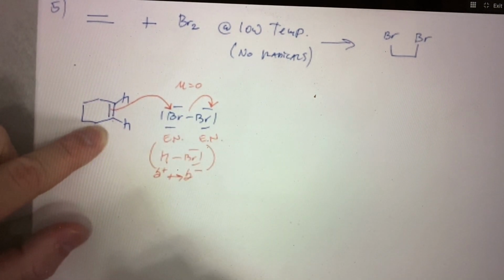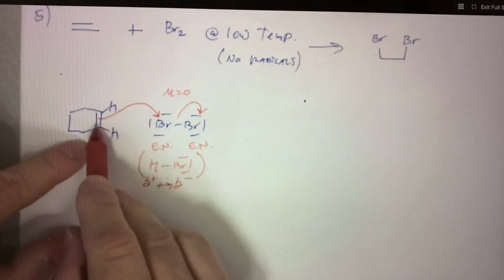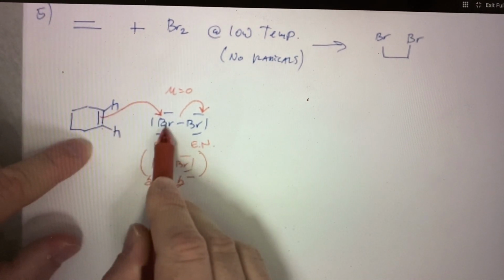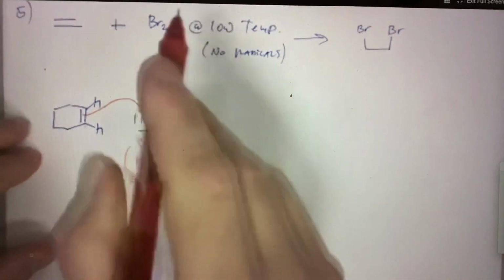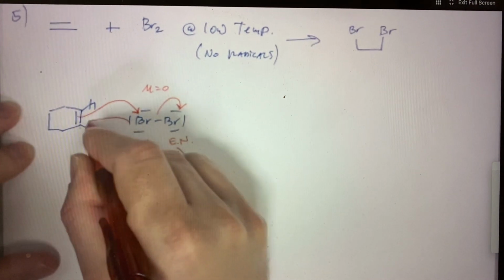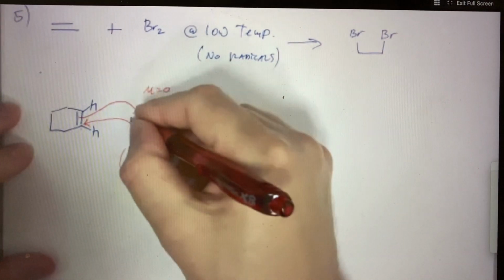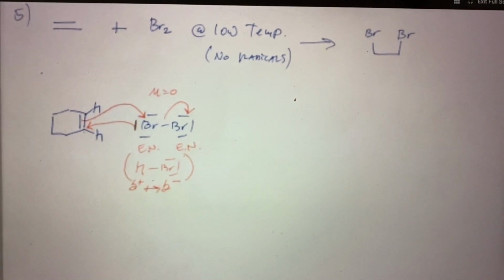Something really special with bromine happens. We're going to add one more arrow to the mix. First, the pi bond breaks like normal, goes to an electronegative atom. That electronegative atom is bonded to another electronegative atom. That bond breaks. We're going to be building up plus charge on this molecule. And what happens is, bromine uses one of its pairs of electrons to bond back a second time to carbon.